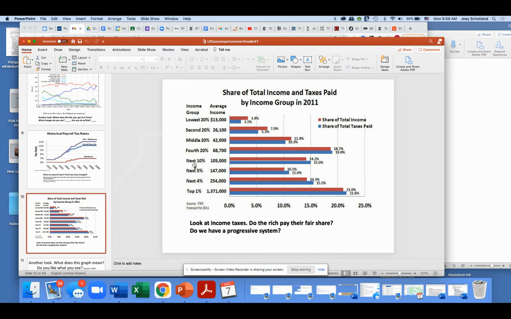If we put these groups together, 10, 5, 4, and 1 makes 20%. This is the richest 20% of Americans, and they earn about 60% of the nation's money, and they pay about 60% of the nation's taxes. So there's no question that the poor pay less in taxes and the rich pay more. Are you okay with that? Yes or no?